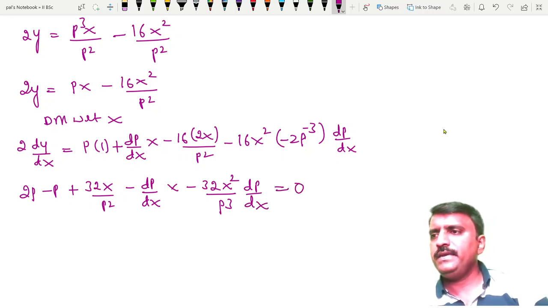So here 2p minus p, it is p plus 32x divided by p square.